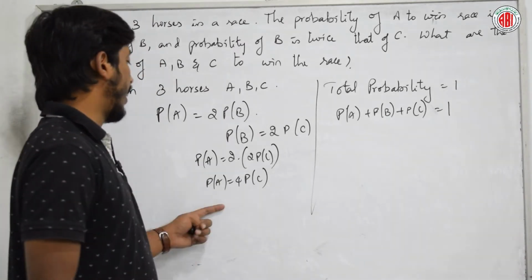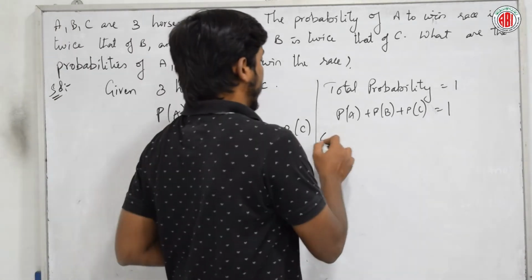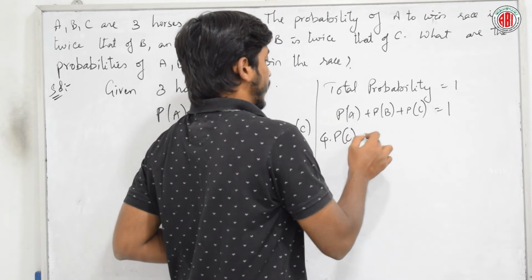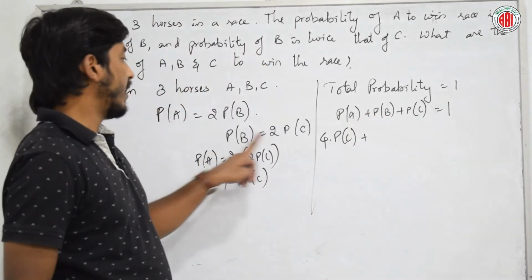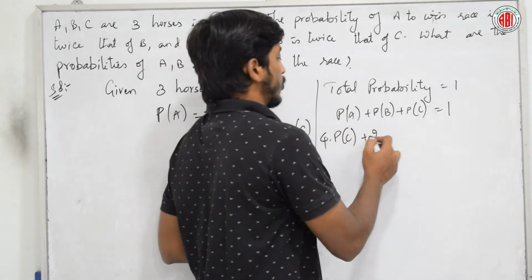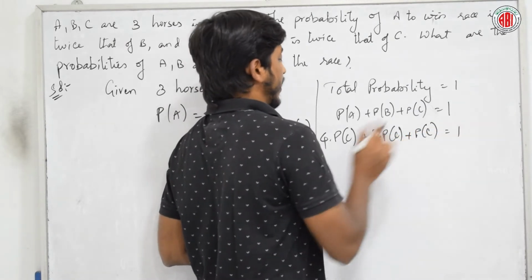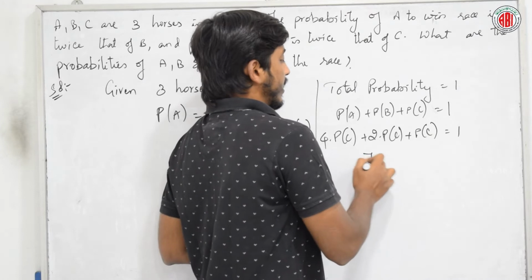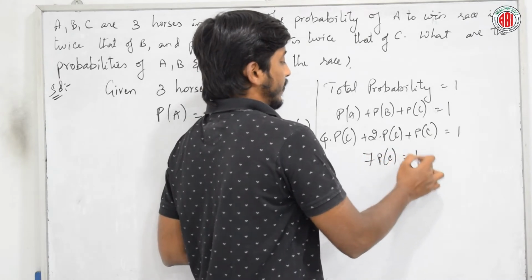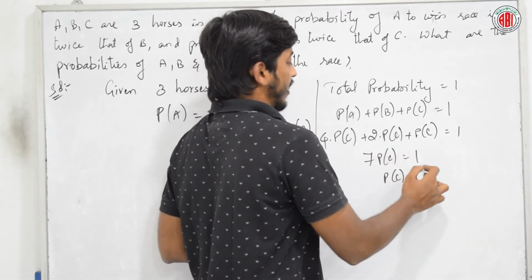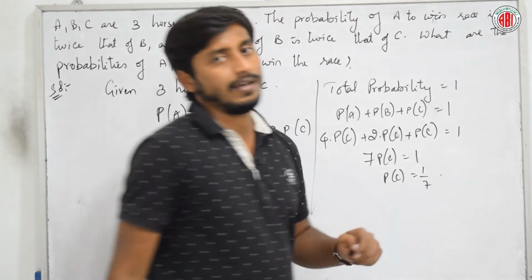What is P of A? 4 times P of C. What is P of B? 2 times P of C, plus P of C. How many are there now? 4, 5, 6, 7. 7 times P of C. Therefore, P of C can be written as 1 by 7.